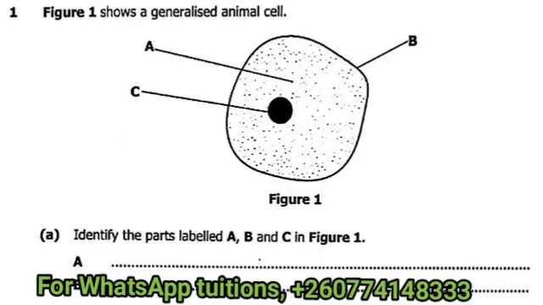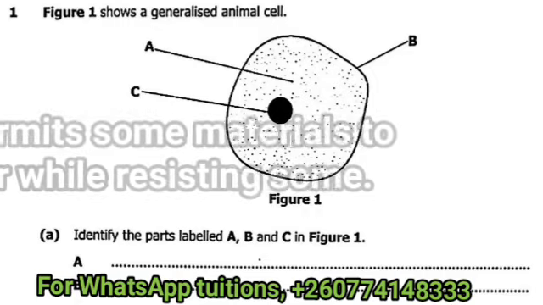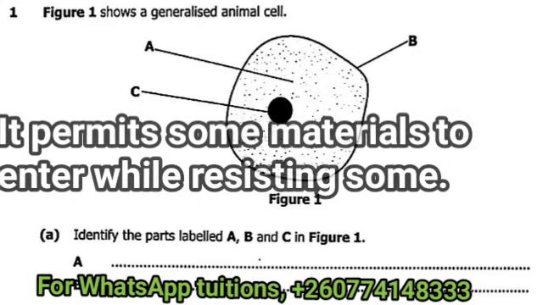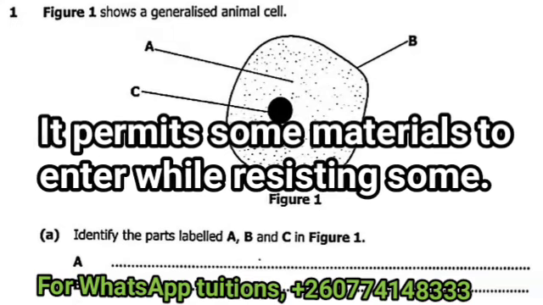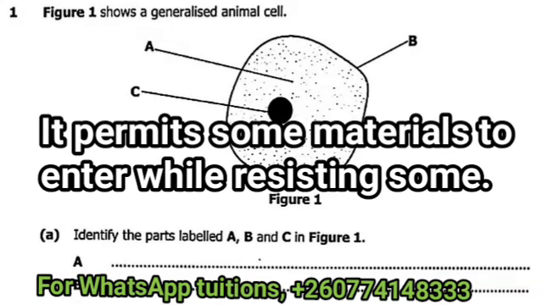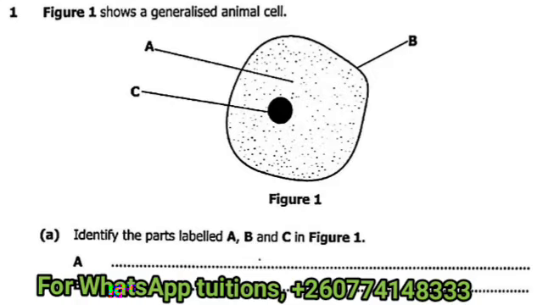It is also known as a selective permeable membrane, which means it selects what goes in and what goes out. It resists the entrance of some materials, but it also allows others. So the answer is simply to select what goes in and what goes out of the cell. Simple.